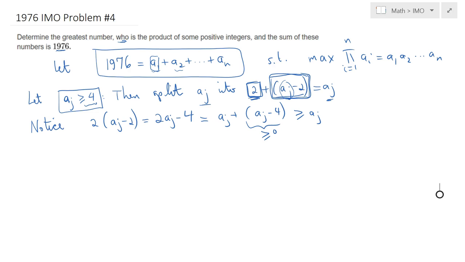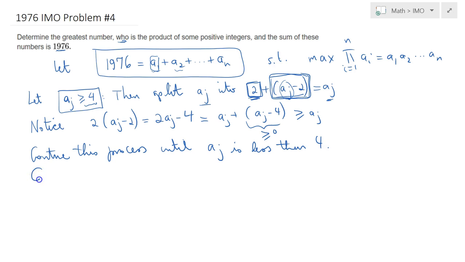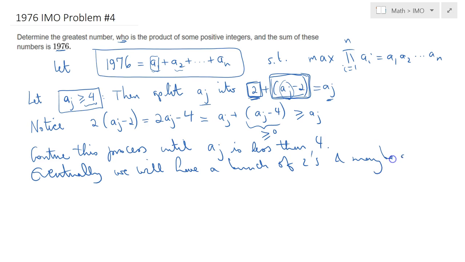So we continue this process until a sub j is less than 4. Eventually we will have a bunch of 2's and maybe a 3, depending on whether a sub j is odd or even.